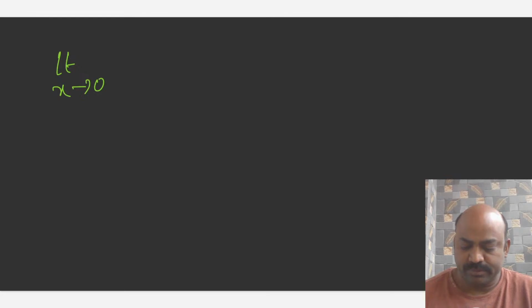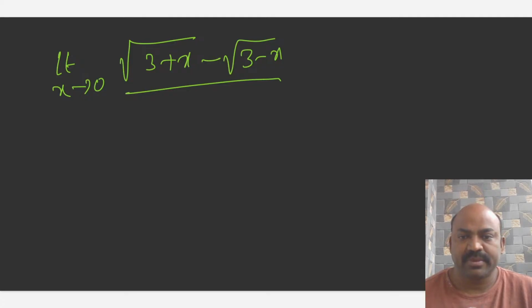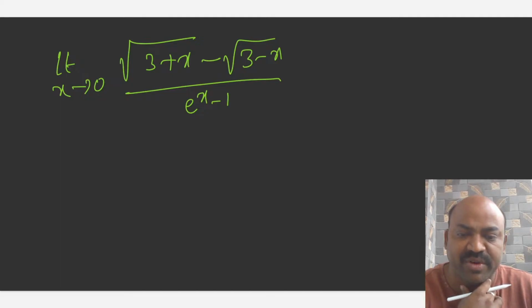Limit x tends to 0, root of 3 plus x minus root of 3 minus x, by e power x minus 1. Quick answer I'm expecting from your side.